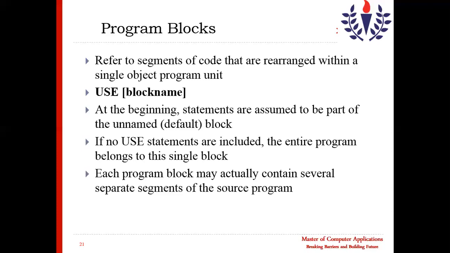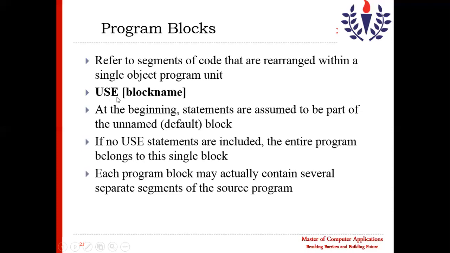So program blocks allow the generated machine instructions and data to appear in a different order by separating the blocks for storing the code, for data, for stack, for another large data block. And which assembler directive is used to define this block? That is USE.